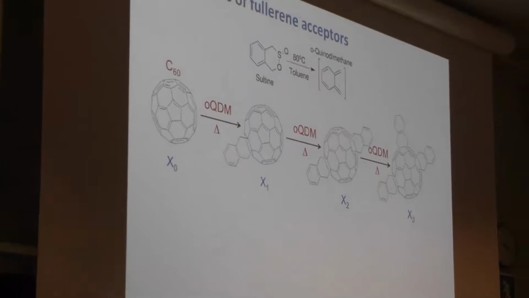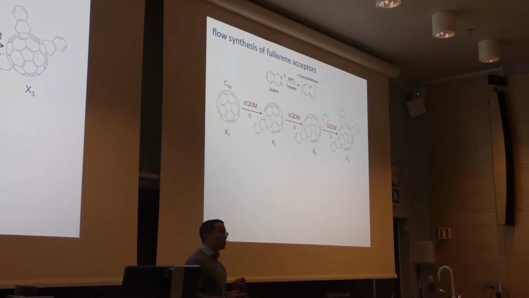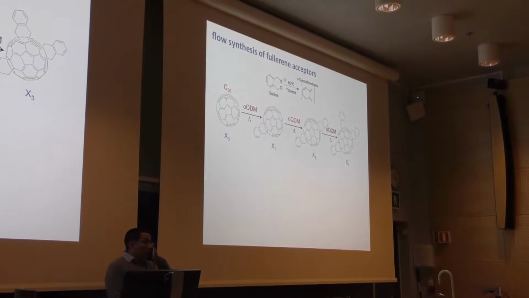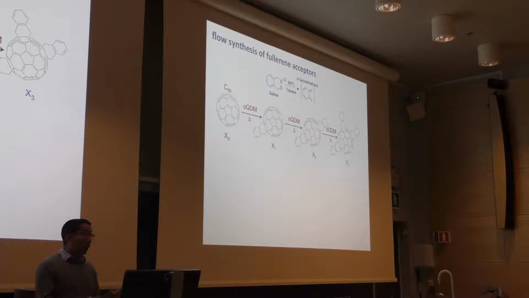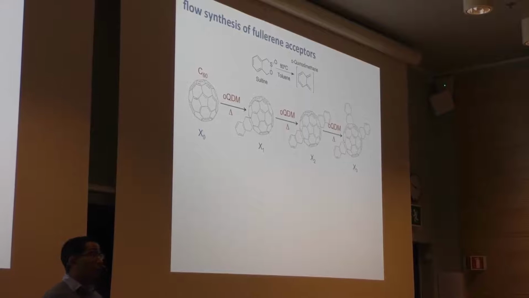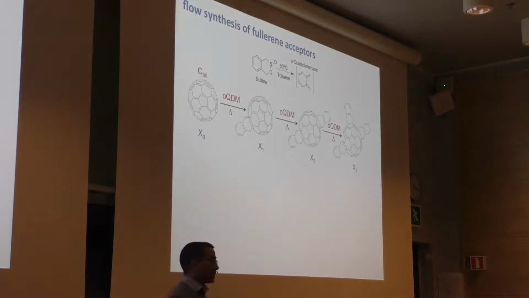If you move to longer reaction times, you can expect x2 and x3 to dominate the product mix. But because we're moving through a range of intermediates, if we freeze the reaction at any point, there will be more than one product. So unfortunately, you can't guarantee a yield of 100% because there's no endpoint to this reaction.